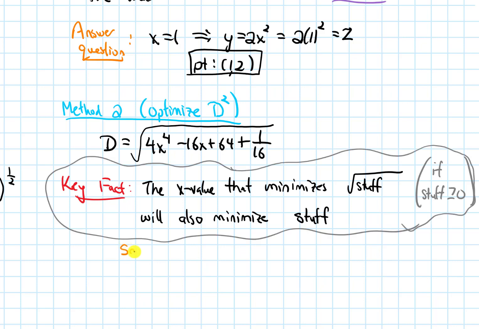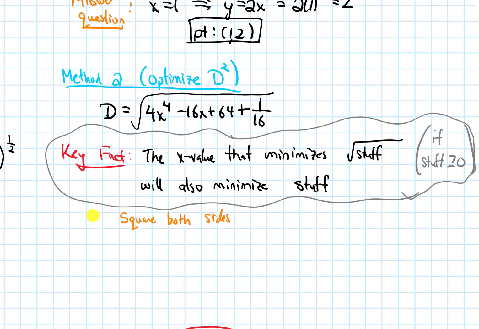All right, and now we want to square both sides. When we do this, we will get d squared on the left. And on the right, we'll get 4x to the 4 minus 16x plus 64 plus 1 over 16. Now the square root's gone, and that's nice. Now let's take the derivative, d dx of this.